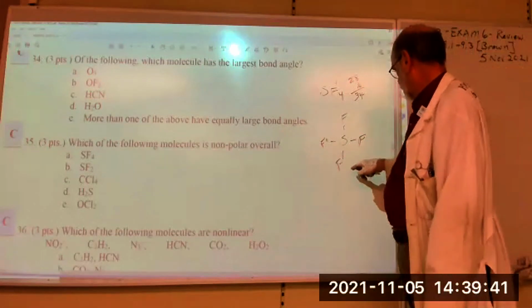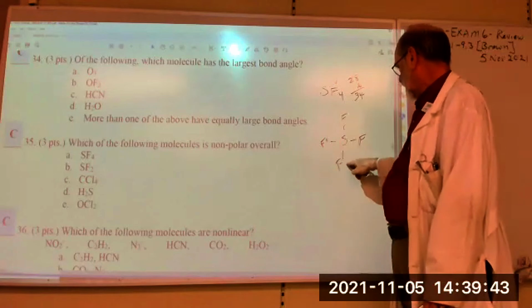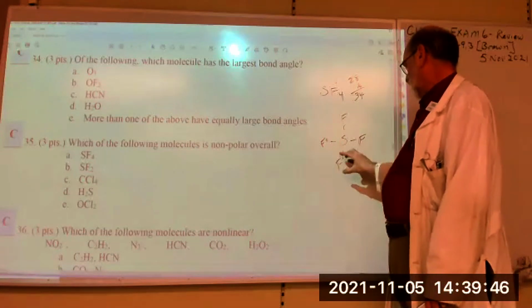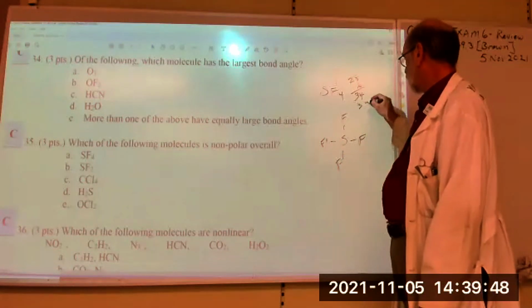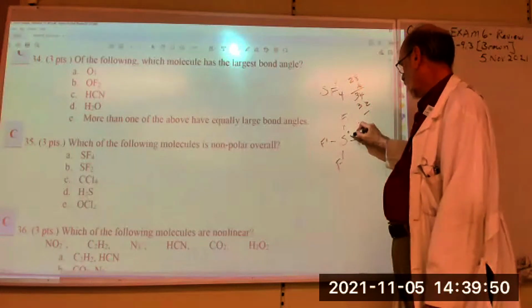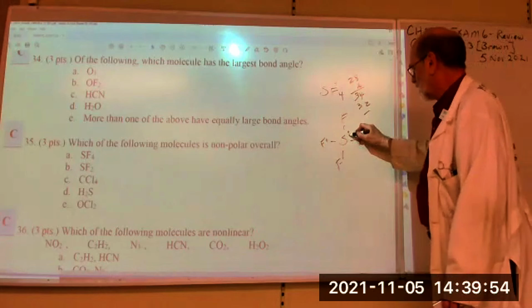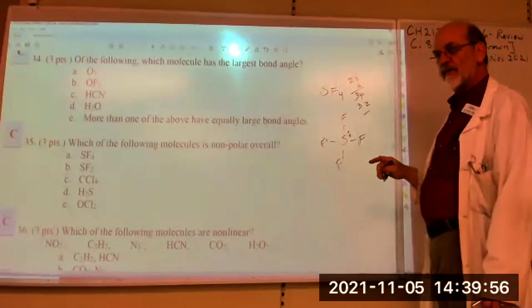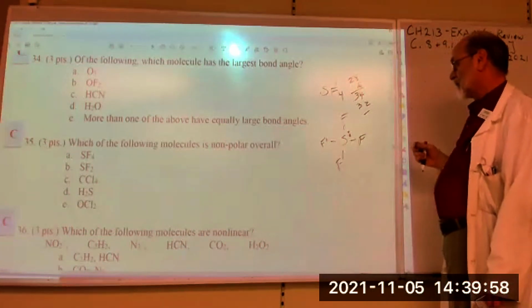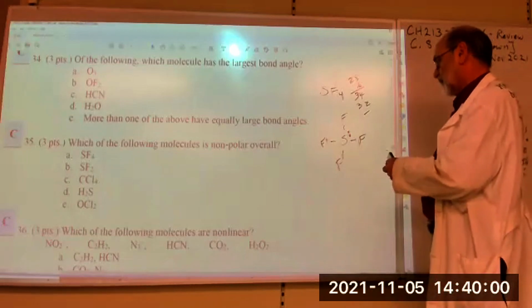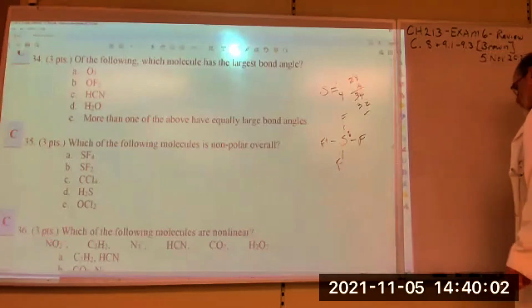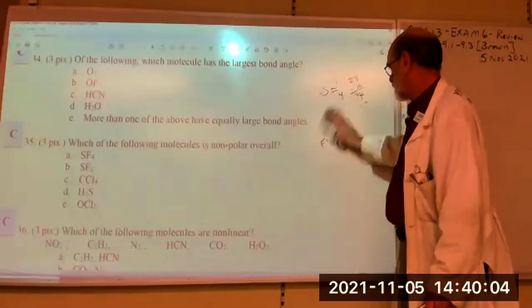Okay, so if we put 6 around each one of these, that makes 8 around each one. 4 times 8 is 32. So we got 2 left over. So that one's electronic would be 5, trigonal bipyramid. So that one would be polar also. All right, so the only non-polar in there is carbon tetrachloride.